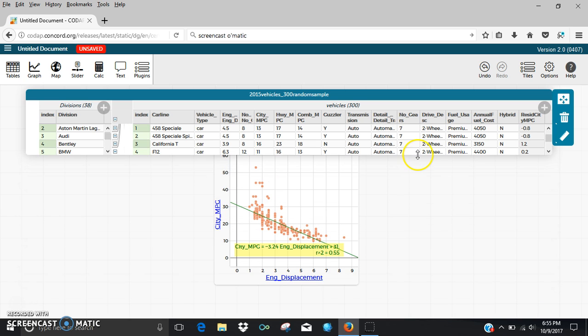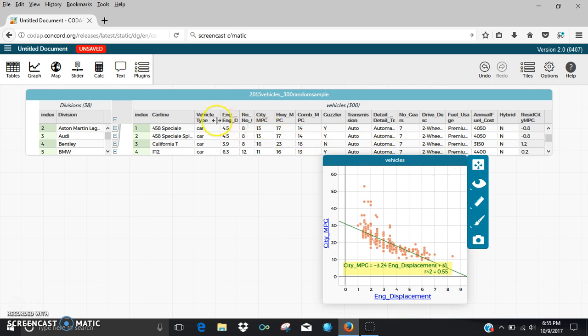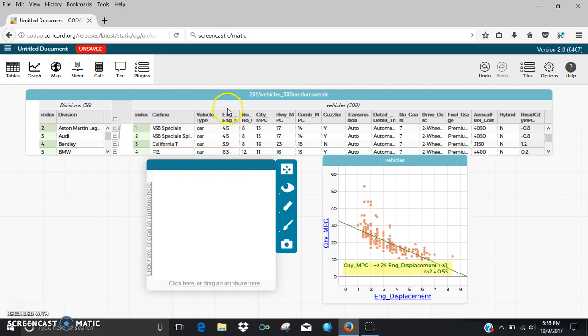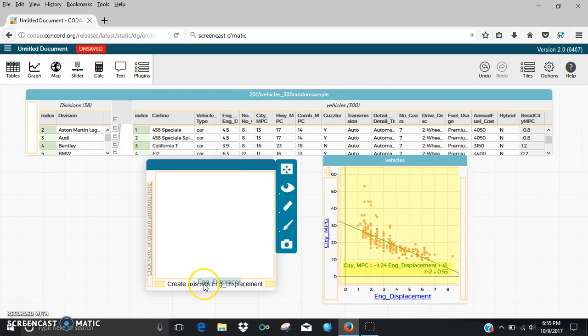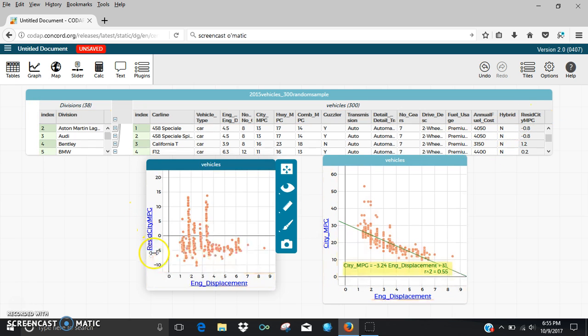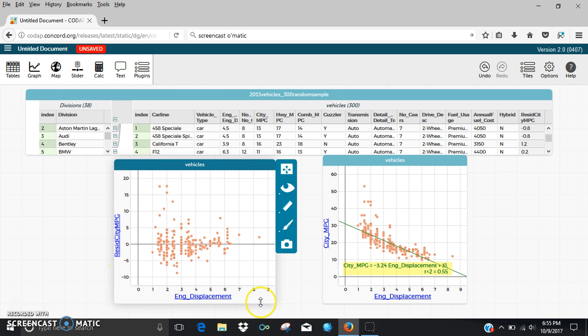We can create another graph, and we could put our residuals against engine displacement on the second graph. Engine displacement is still our x variable. Our residuals is our y variable. And we now have a residual graph.